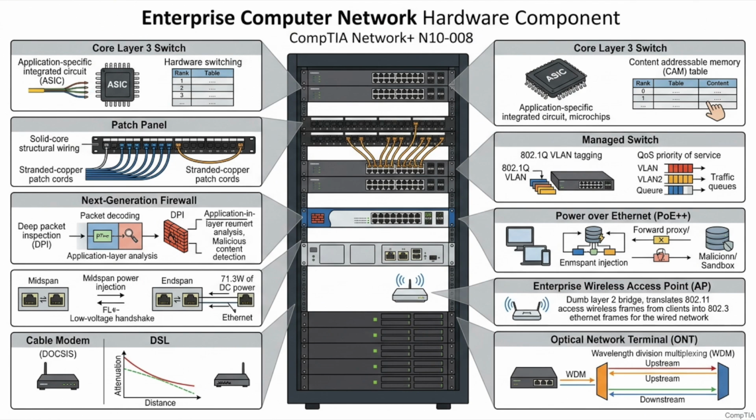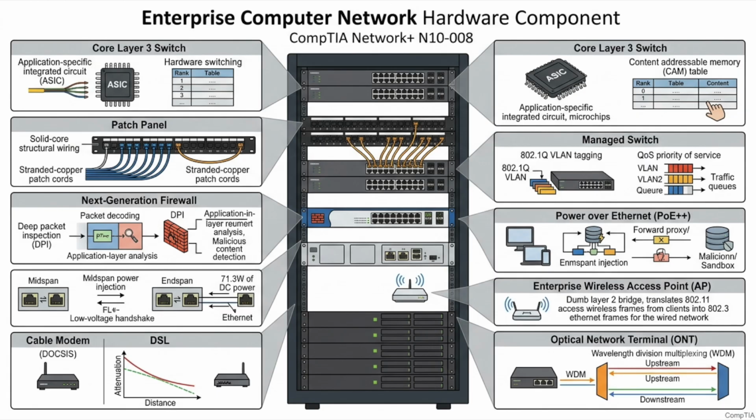Deep packet inspection strips away the headers and looks at the actual payload of the packet in real time. It analyzes the application layer signatures. So the firewall sees the traffic coming in on port 80, unpacks it, and actually recognizes the behavioral signature of remote desktop software or a known malware strain. Yes. It completely ignores the port number, identifies the true nature of the application, and severs the connection instantly.